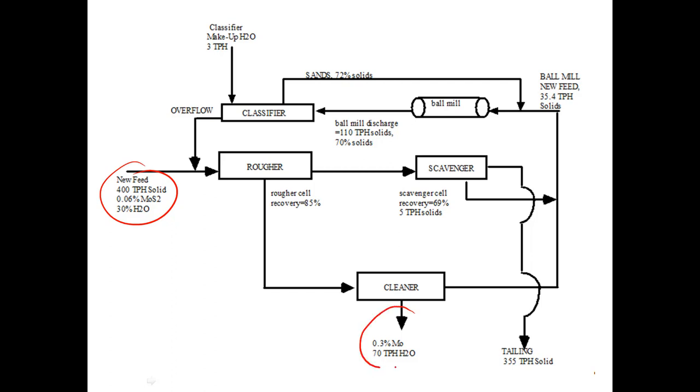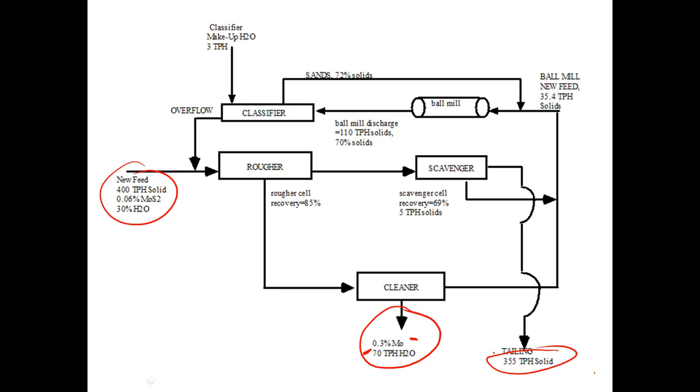Next, let's look at this cleaner concentrate stream, which is also the final system concentrate stream. We're recognizing we've got a grade of molybdenum given there of 0.3 weight percent and 70 ton per hour water.